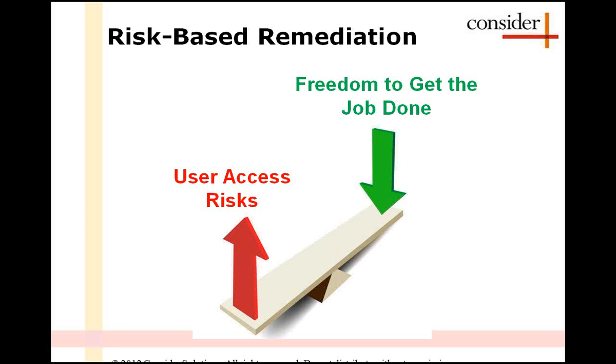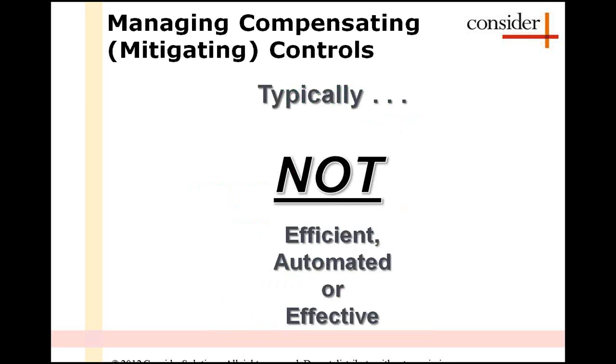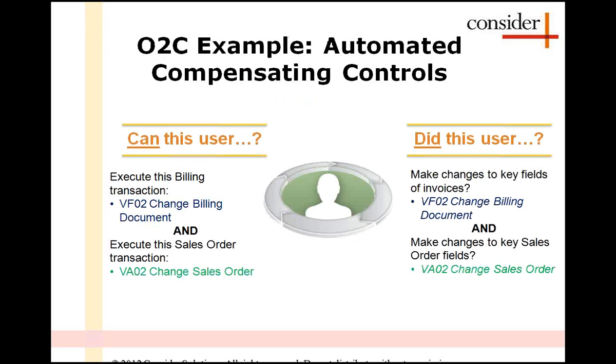And this risk, even when addressed by a compensating control, is typically not addressed in an efficient or automated way, and causes more overhead, causes additional costs. A way to address this in a more effective and more automated way is introducing automated controls. And I would like to show you just one example of such a control.